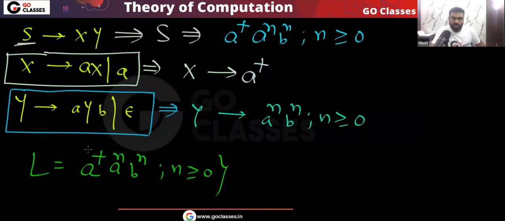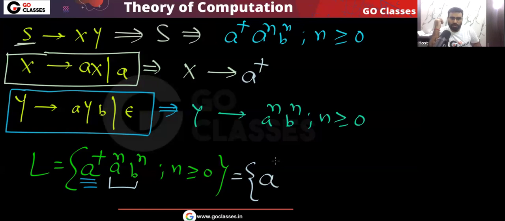Here if you notice, I have at least one extra A, yes or no? Remember, the number of A equals the number of B in the second part, but here I have A plus, which means at least one extra A. So I can say that the number of A will be greater than the number of B. If I say A power m, B power n, because this is at least one A, either it can be A or double A or triple A and so on, because this is A plus.